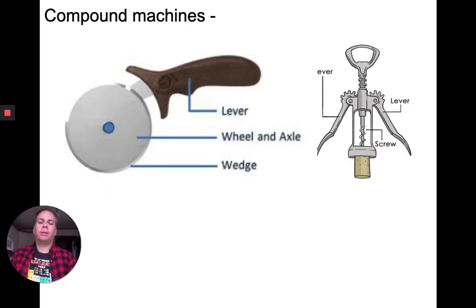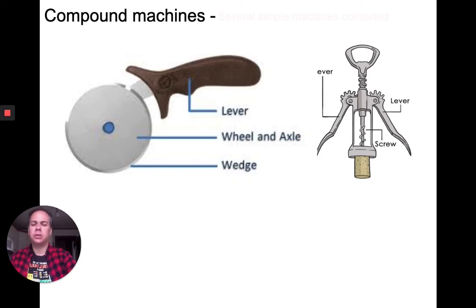The last topic we'll talk about here quickly is something called compound machines. We've been talking in this unit about simple machines: wheel and axle, wedge, pulley, lever. These are simple machines. They're one type of machine, but they are often combined to form what we call a compound machine.